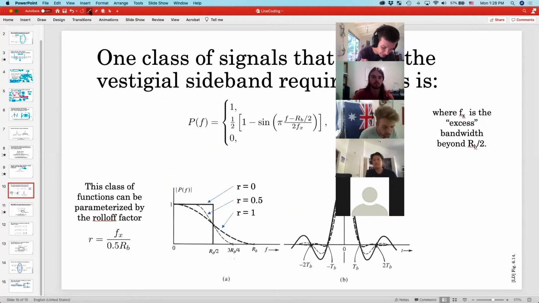What I'd like you to be looking at here in this picture is that the solid line is kind of our baseline. So this is the strict band-limited rectangle. And if we were to try and shave off, so the thin dashes, these two figures are coupled.